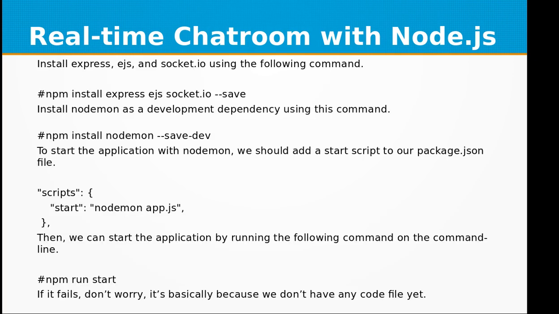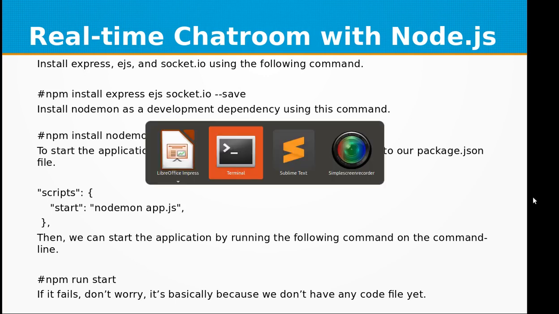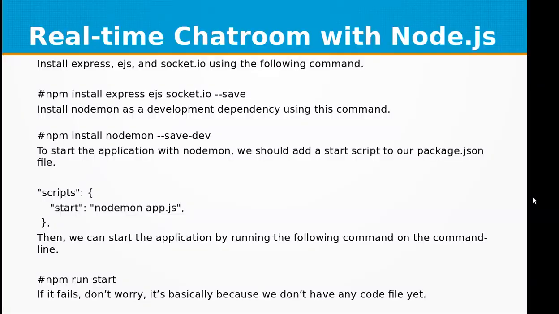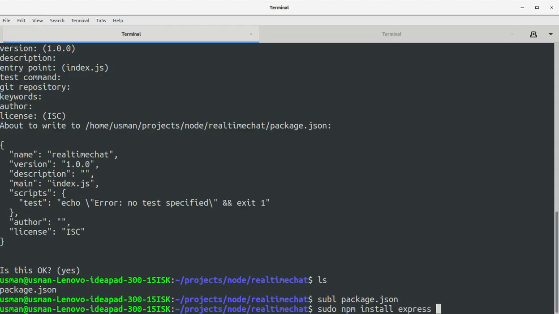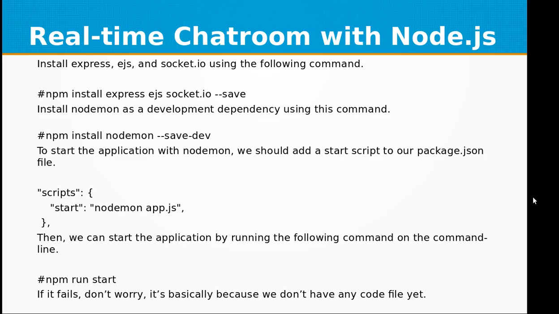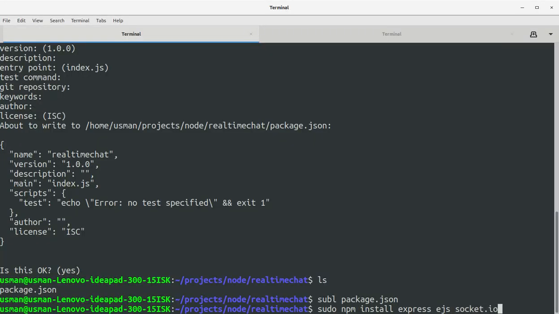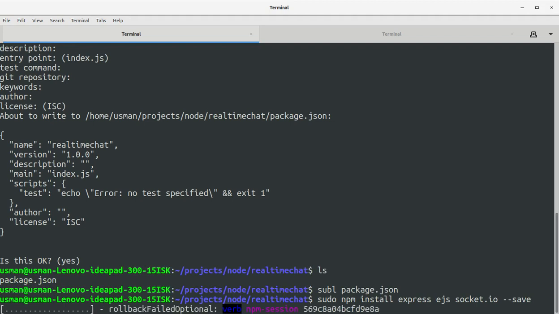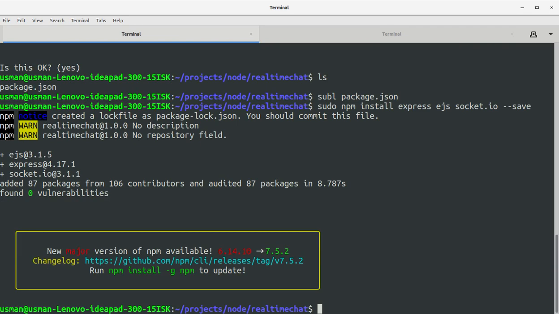Okay, let's install Express, EJS and Socket.io using the following command. So I can do that by sudo npm install Express, EJS and Socket.io and hit enter. Okay, all these three are installed now.